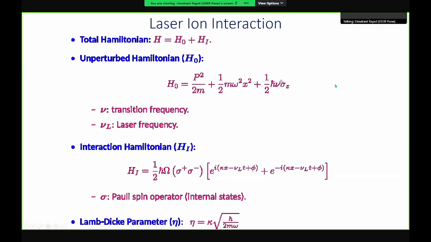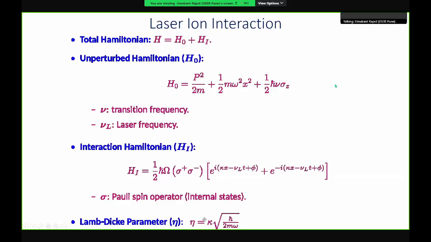And these are the operators for exciting the ion to either the internal state or the motional states. You can write the interaction Hamiltonian like a Jaynes-Cummings Hamiltonian, where the sigmas are the Pauli spin operators for the internal states.